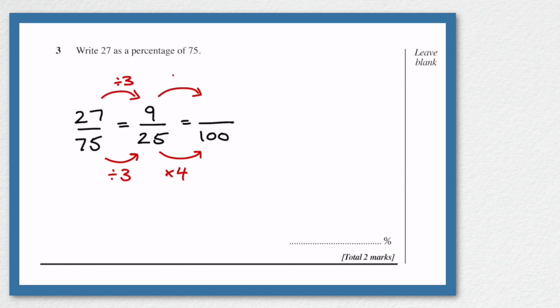We then do 9 multiplied by 4 is equal to 36. So we have 36 over 100. And this, of course, is 36%. Again, that's 1 mark for writing 27 over 75 as 36 over 100, and 1 mark for writing 36 over 100 as 36%.